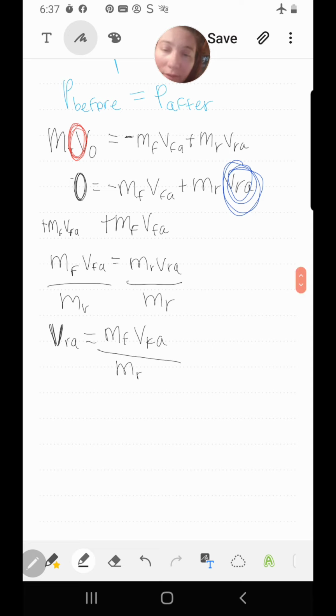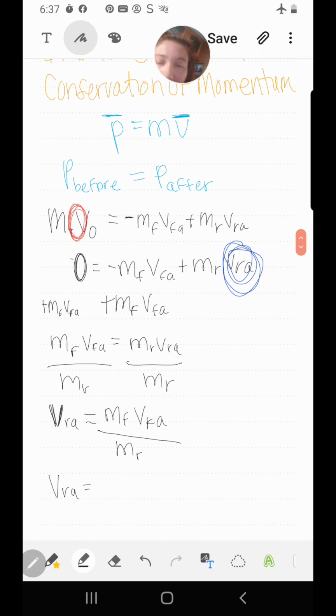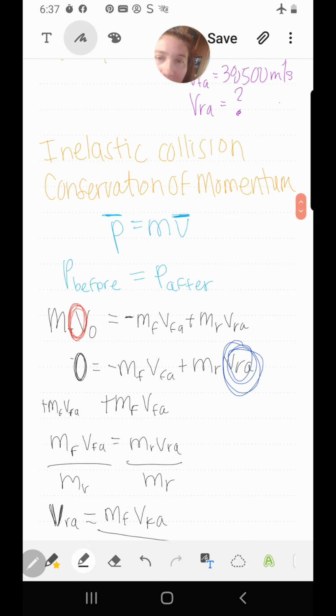Okay, so all we need to do is just plug in our givens and then calculate, and then we'll have our velocity. So the mass of the fuel is 186,000 kilograms, and that is multiplied by the velocity, which is 38,500 meters per second.